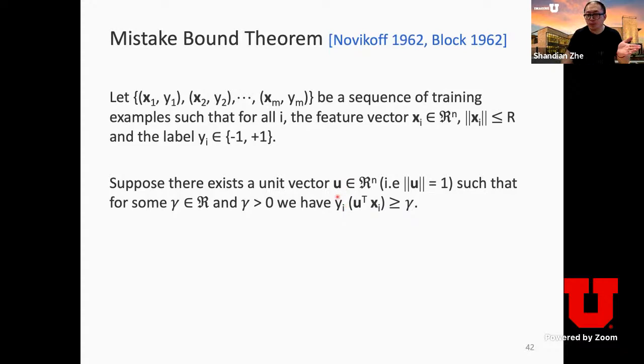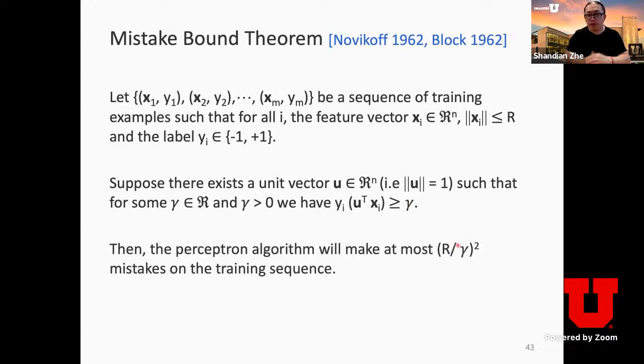So every training example's distance from the separating hyperplane determined by u is lower bounded by gamma. Remember the definition of margin: margin means the minimum distance between the training examples and the separating hyperplane. So gamma gives a lower bound of the margin. This is the second condition.